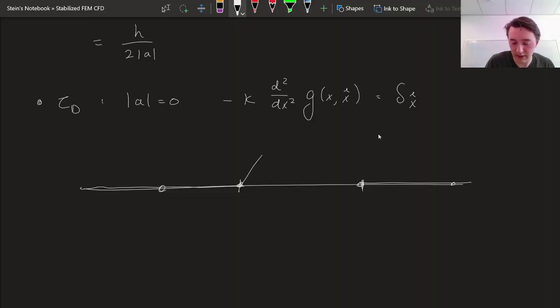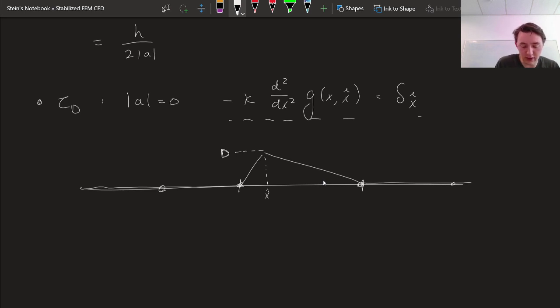We would get something like this, depending on the location of x hat. This would shift around. So what is the height of this guy? I'll call that d. The height d of this function needs to be such that this equation holds.